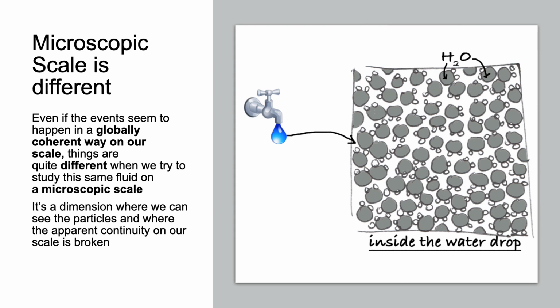At those dimensions, we can see the particles. So the apparent continuity of the scale is broken, and you have to find another way to get back those macroscopic quantities like density, velocity, and all of that. And this is what we'll talk about here in this presentation. So I'll tell you how to do that.